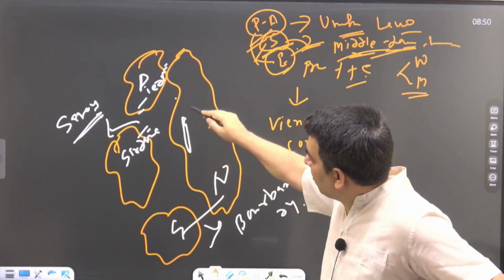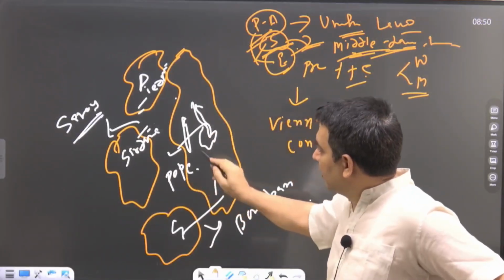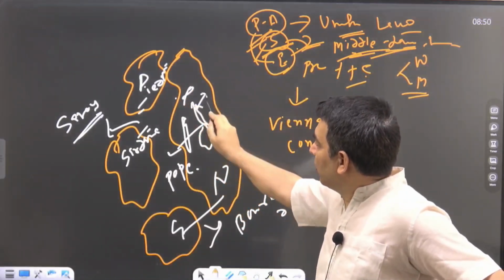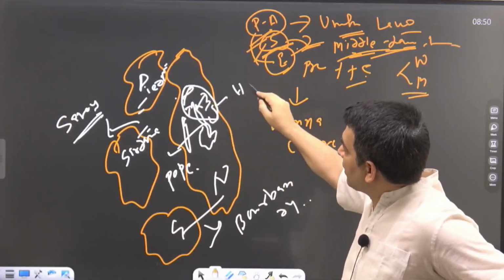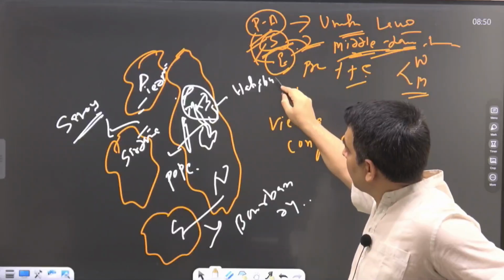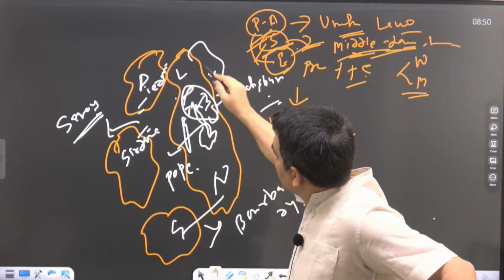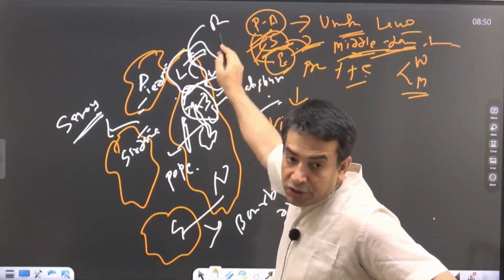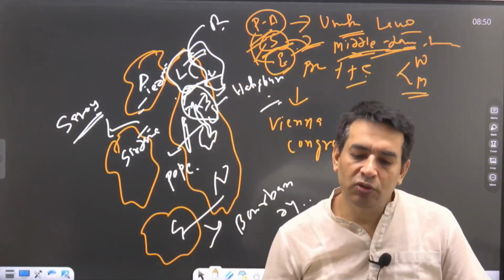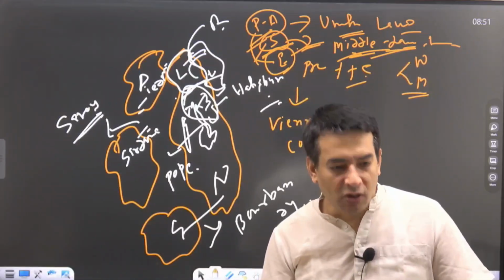In Rome and the Papal State, the Pope was there. In Parma, Modena, Tuscany, there were branches of the Habsburg dynasty of Austria, and in Lombardy and Venetia, there was direct control of Austria. So Italy was divided into so many parts, and it was done by the Vienna Congress deliberately.